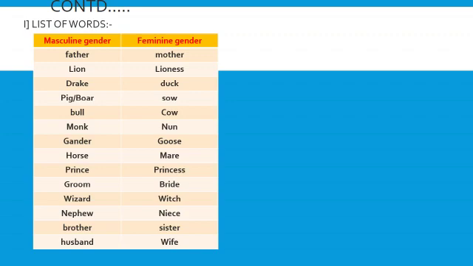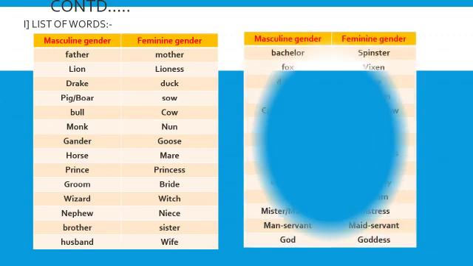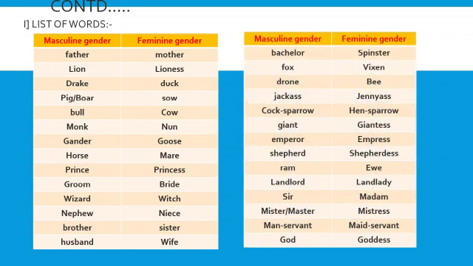Wizard, witch. Nephew, niece. Brother, sister. Husband, wife. So this is the first list of masculine gender and feminine gender. You should know what is a masculine gender and what is a feminine gender. Let's see what's there in the second list.